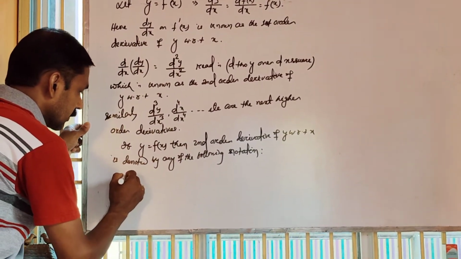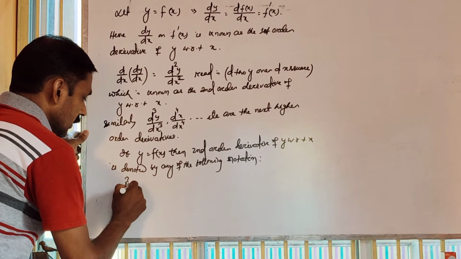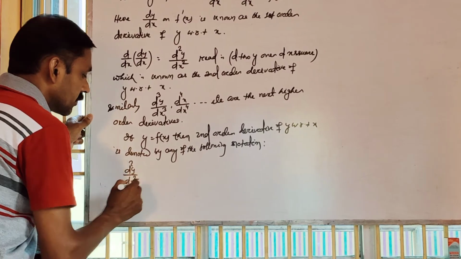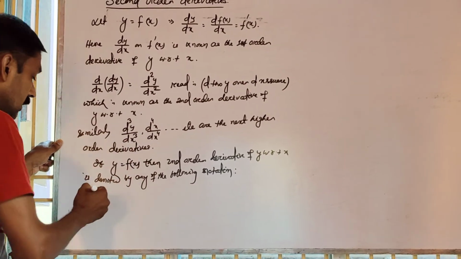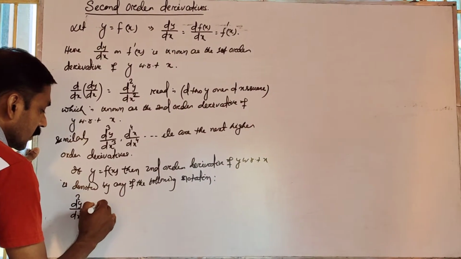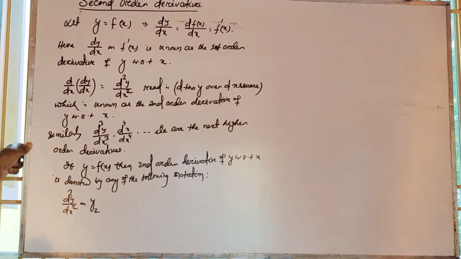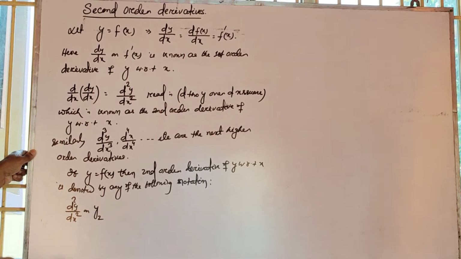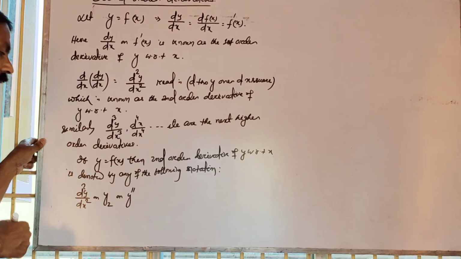First is d2y by dx square, or y2, or y double dash.